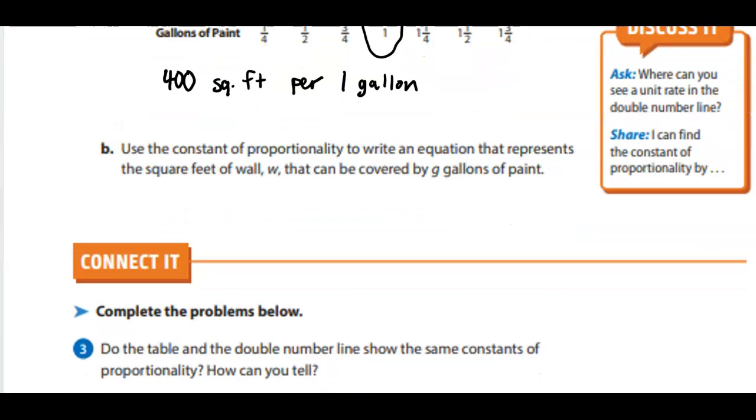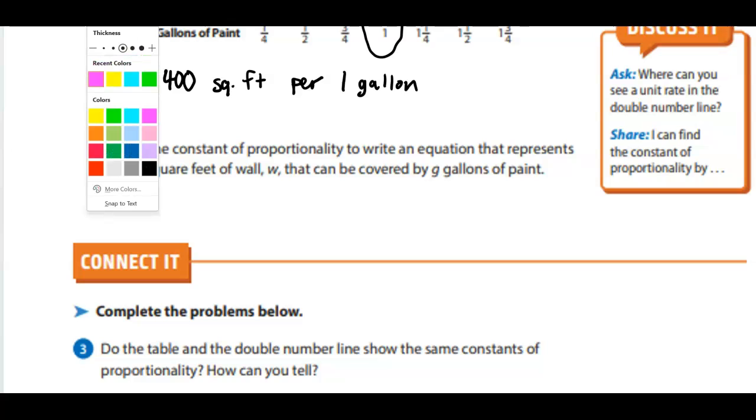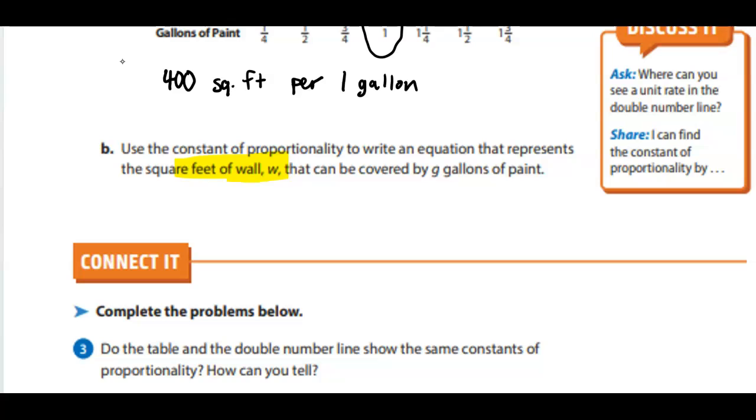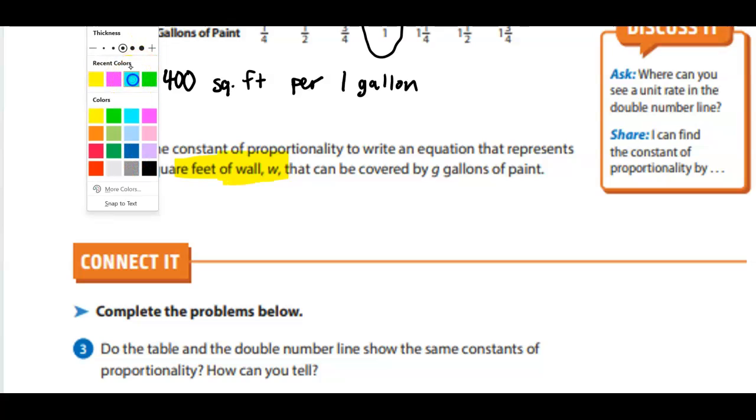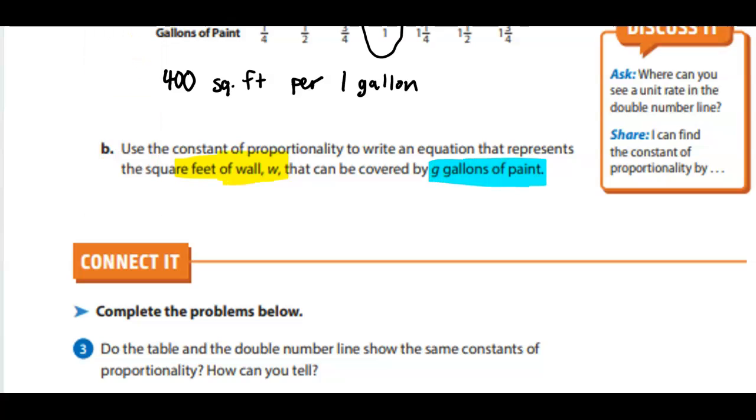So it says use the constant of proportionality to write an equation that represents the number of square feet wall, W, that can be covered by G gallons. So W is equal to, what was our constant of proportionality? 400 times G. And remember, whenever you have a number next to a variable, that means multiplication.